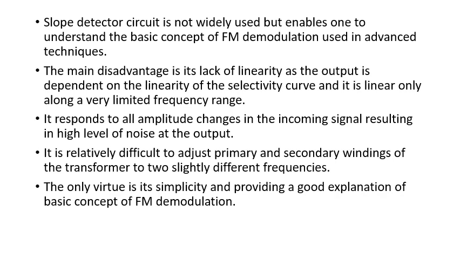So these are the disadvantages. But as this is a primitive type of circuit, a simple circuit, these shortcomings are improved in the next step, which is the balanced FM demodulator.